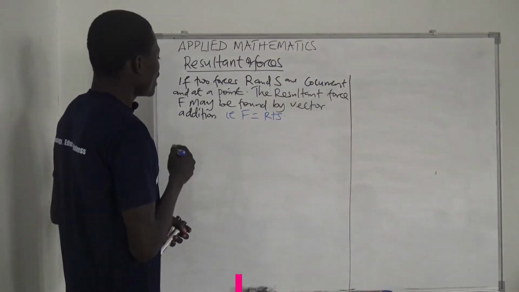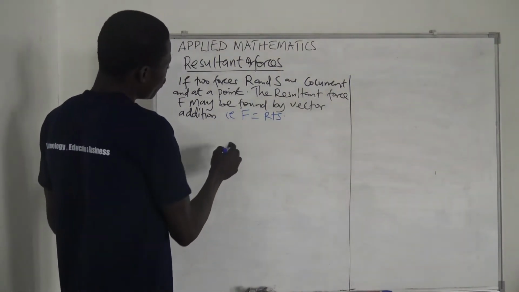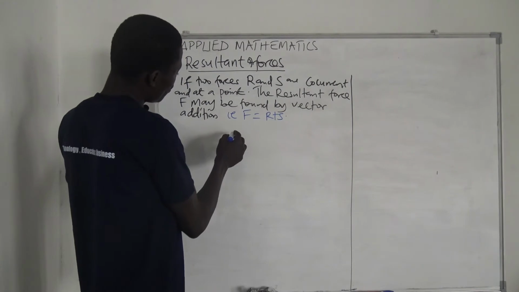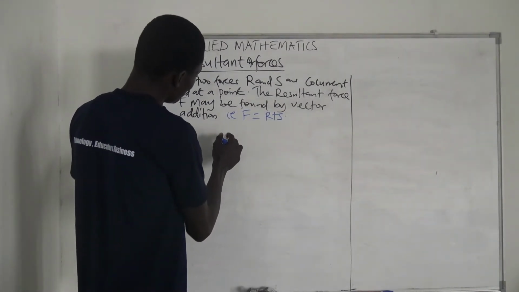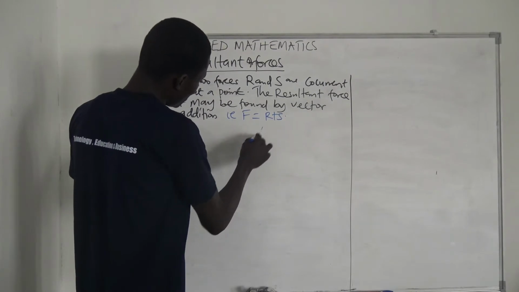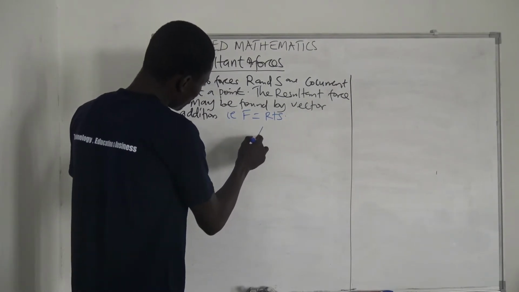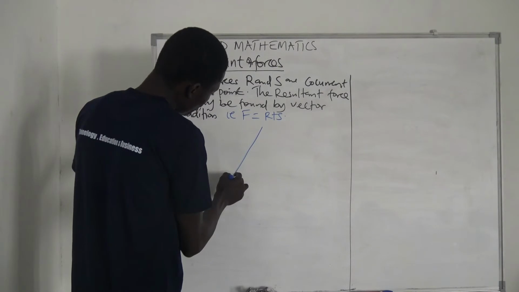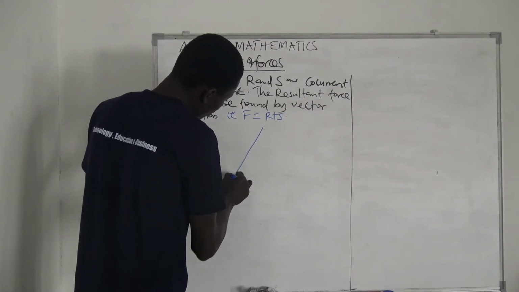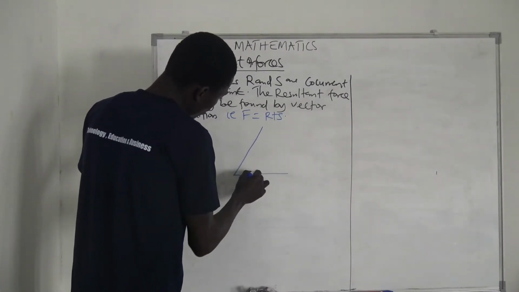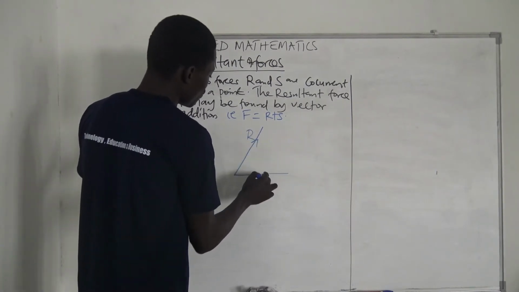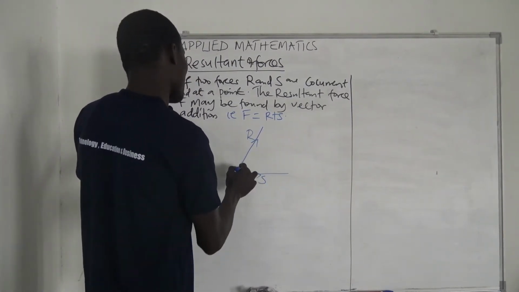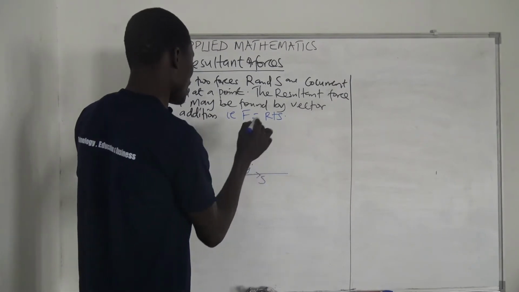So today we want to look at the resultant force for a body which has forces in different directions. This is our body with forces, one going this side, this one force R, this one is force S. They are acting at an angle theta.